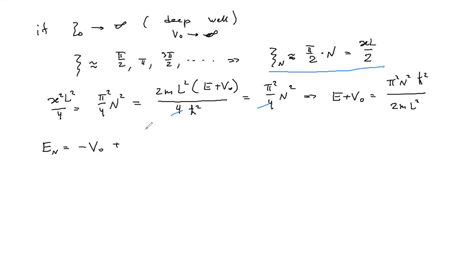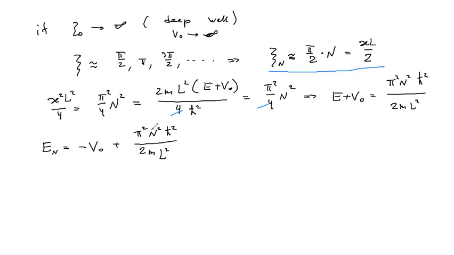The only difference between this solution and the infinite square well potential is the initial constant. I count my energy not from 0, but from minus V naught. But on top of this minus V naught, this is the same solution as we had before for the square well potential. Does it make sense? Remember this.